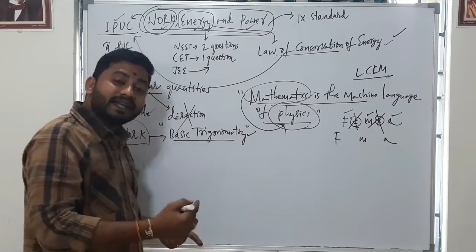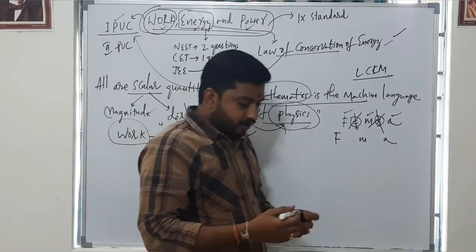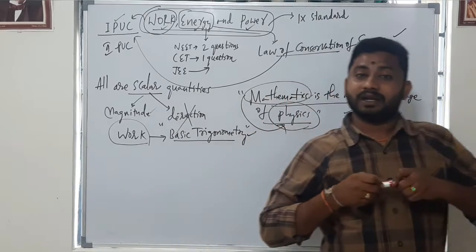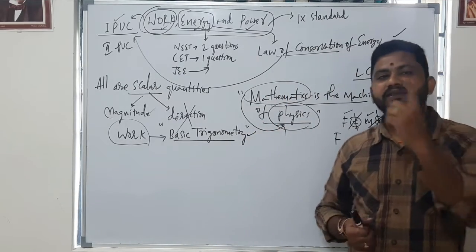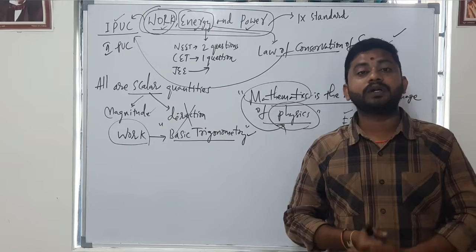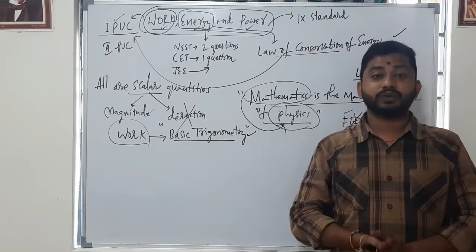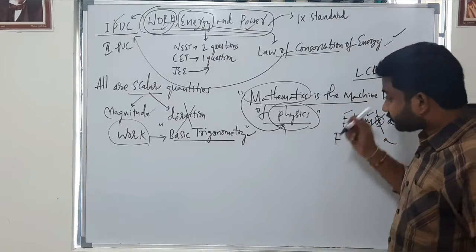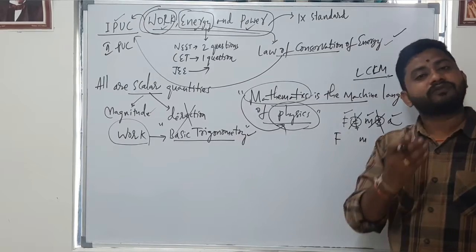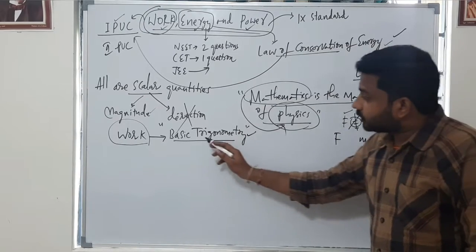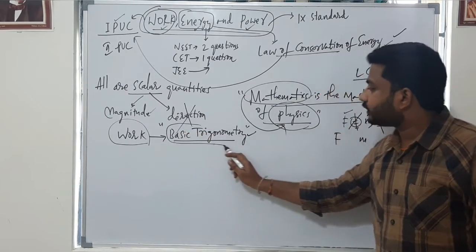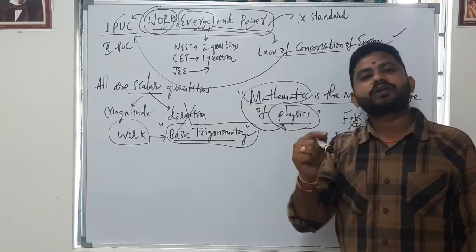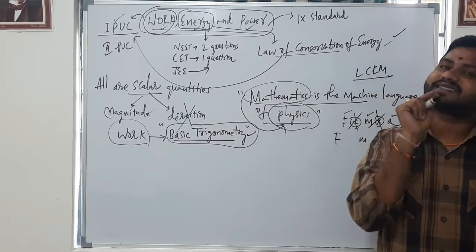That's the reason in another track you are learning basic mathematics, which will be helpful for your first PUC and second PUC. Clear? So mathematics is the machine language of physics. Now let's concentrate on the basic trigonometry which you had already learned in your 10th standard.